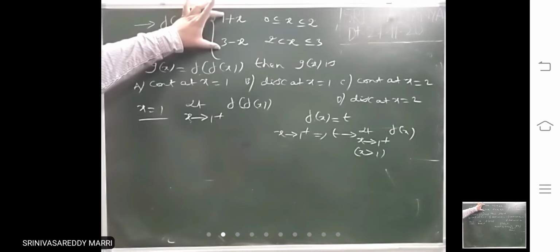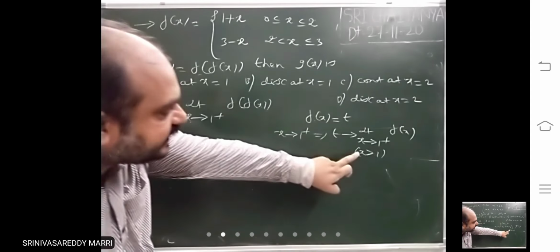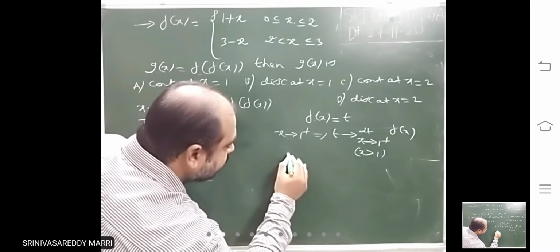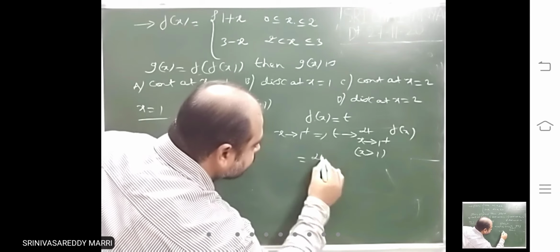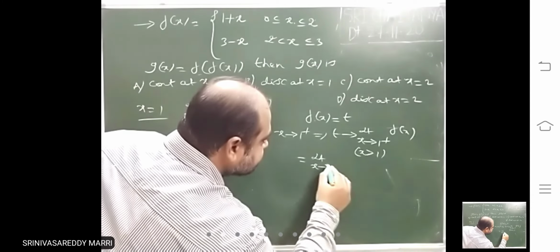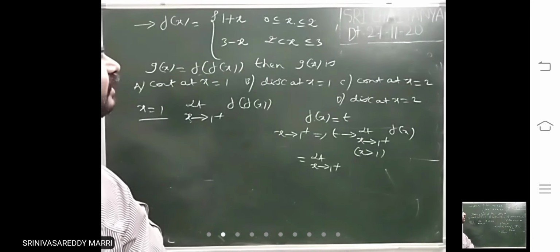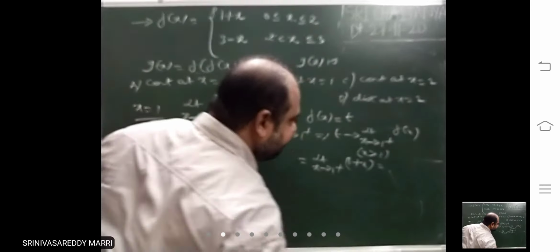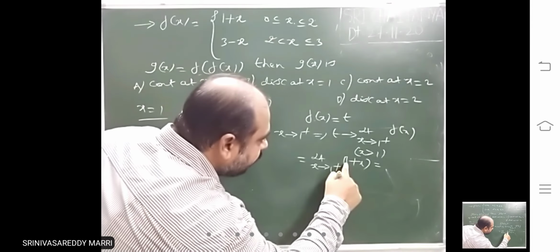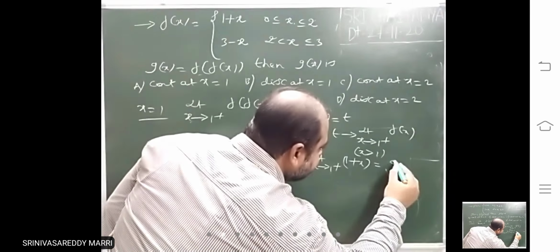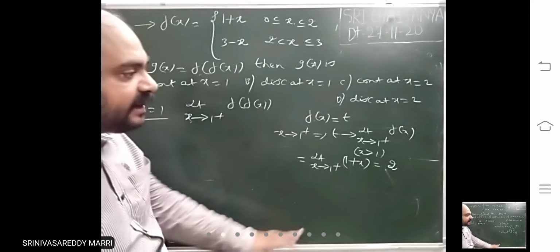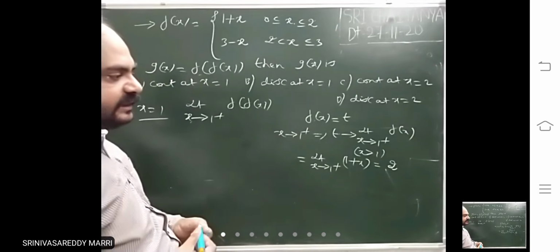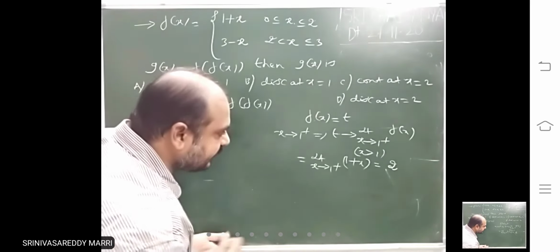F of x is defined, limit x tends to 1 plus means x is just greater than 1. Just greater than 1 definition is what? That means limit x tends to 1 plus f of x is 1 plus x. So this limit will become 1 plus 1, 2. That means t will tend to 2. But look, you have to write either 2 plus or 2 minus. That means look at, x is greater than 1 here.